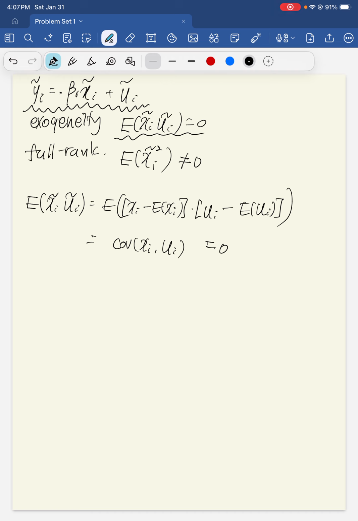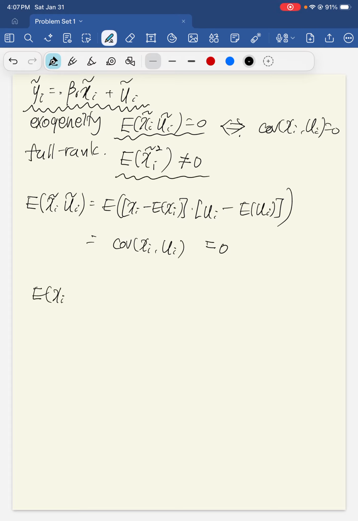So it is not just implied, it's equivalent to covariance between x and ui equals 0, right? Mathematically identical.